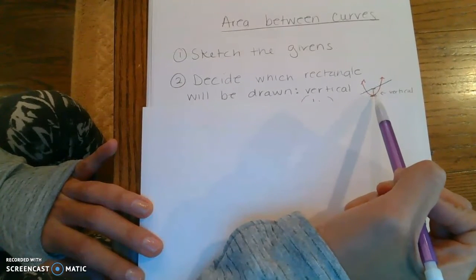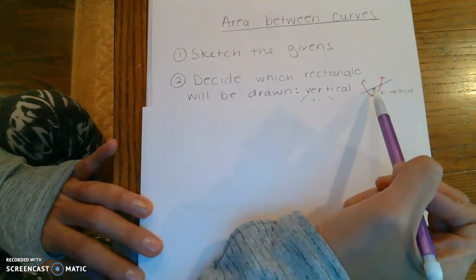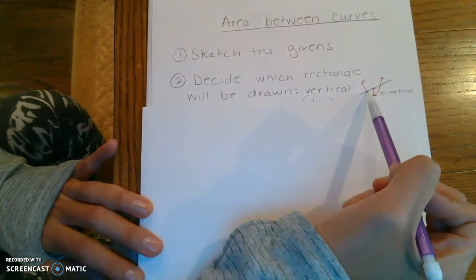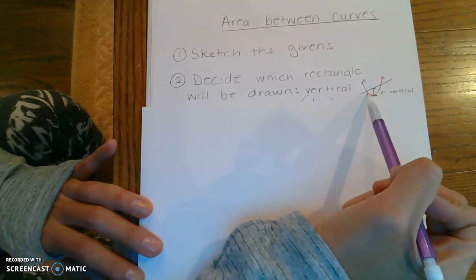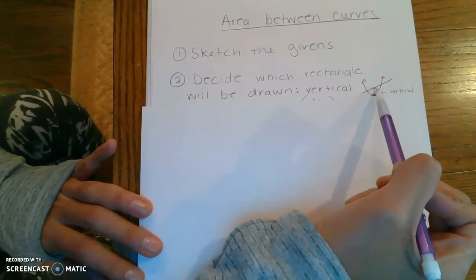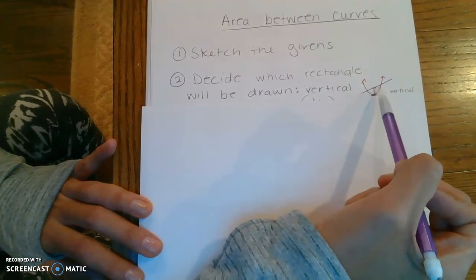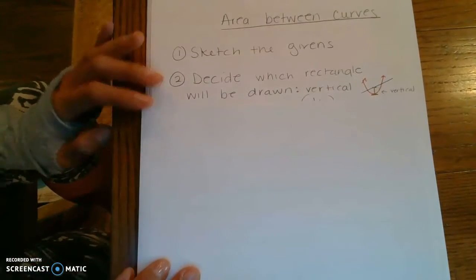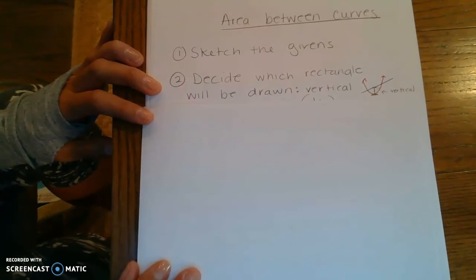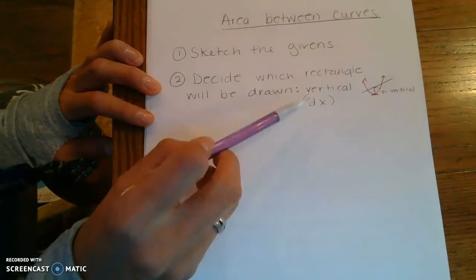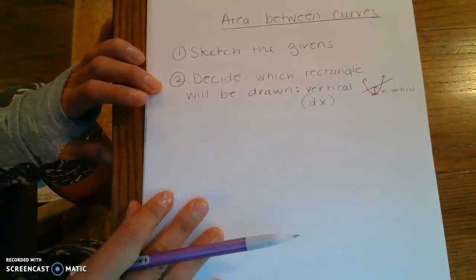And the only way that you know you can do that all the time is making sure that the top of that rectangle is always on the same function, and the bottom of the rectangle is always on the same function in that shaded area, in the area that you want to find. So that's what I call a vertical rectangle. And if you're drawing a vertical rectangle, the variable of integration will be dx.